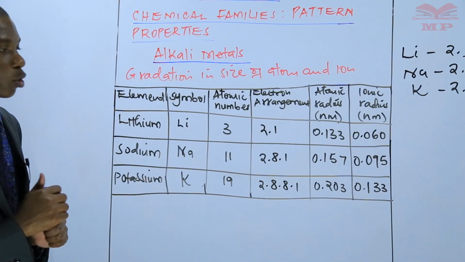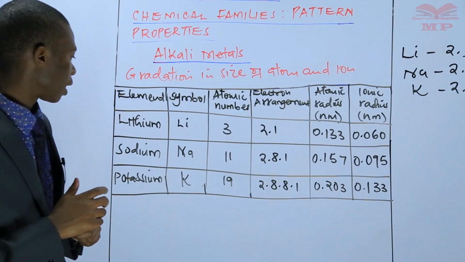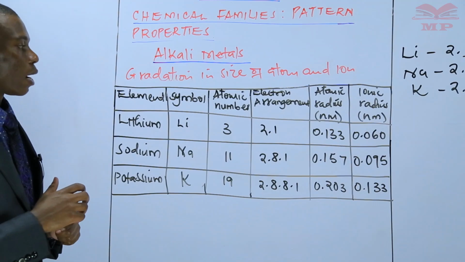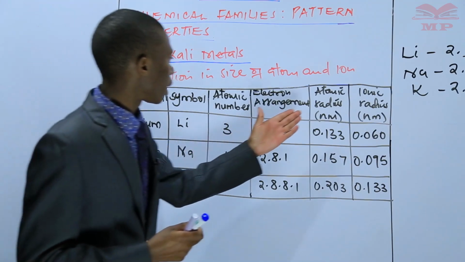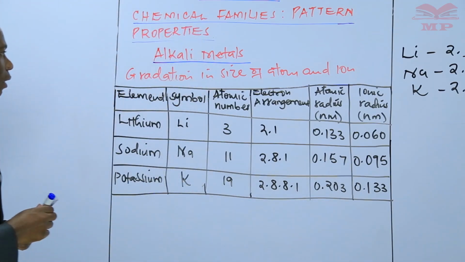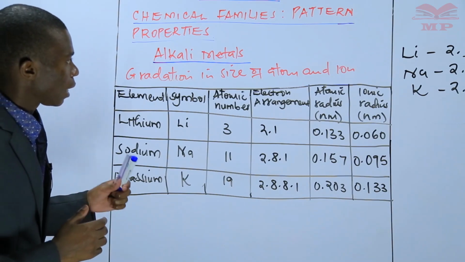Then for sodium, it is 0.095. And for potassium, the ionic radius is 0.133. If you look at the atomic size and the ionic radius sizes, both are increasing down the group.